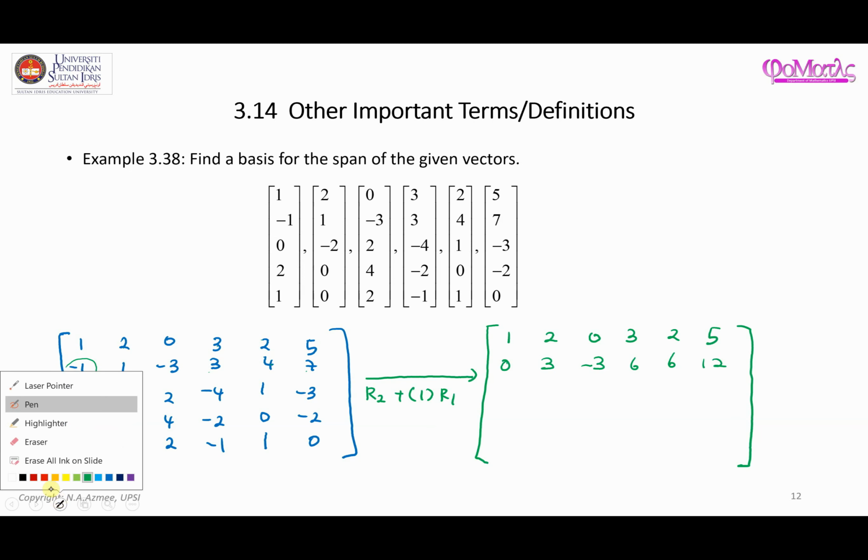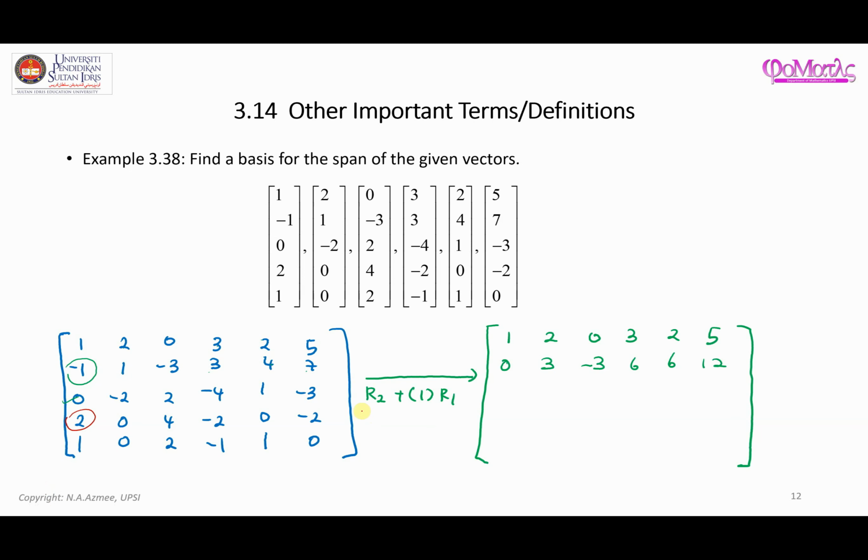And this is already 0. So next is turning this into 0 as well. So that is the fourth row plus negative 2 first row. Okay, so here I'm just going to write down the third row as it is, negative 2, 2, negative 4, 1, negative 3.